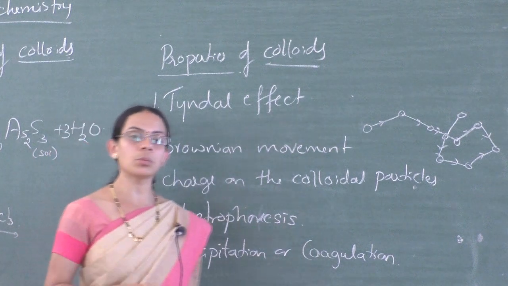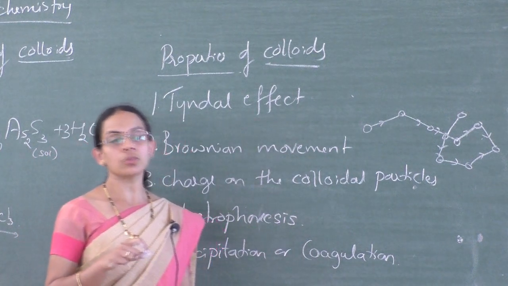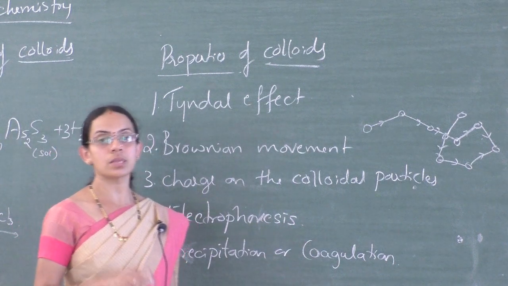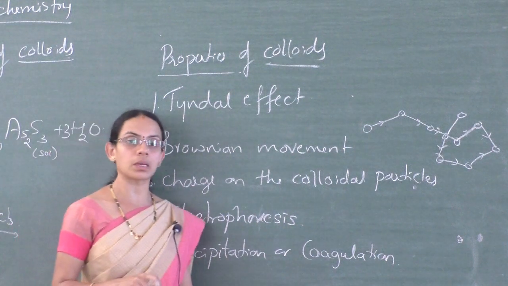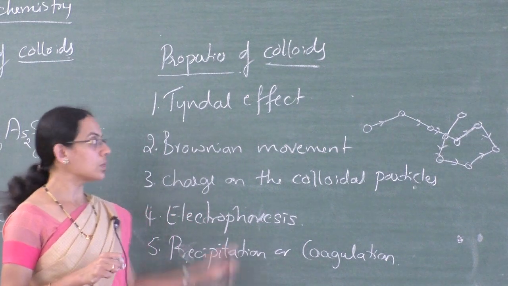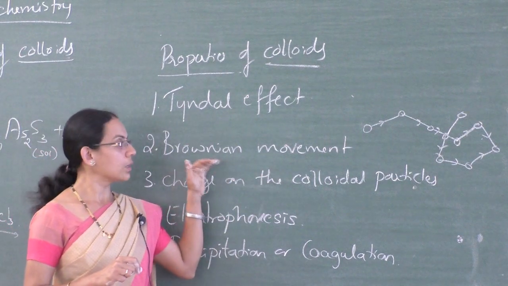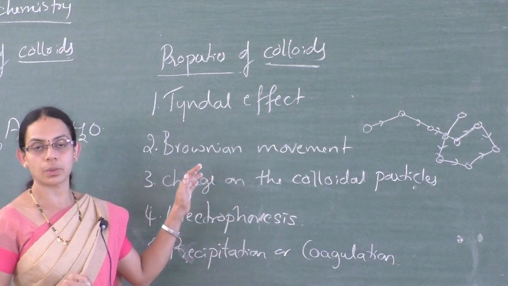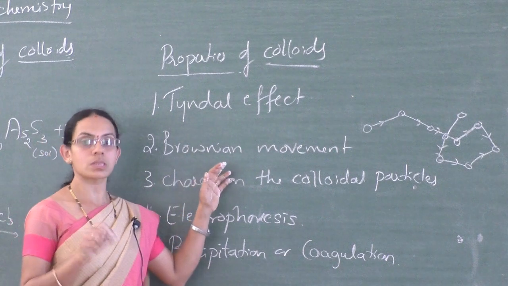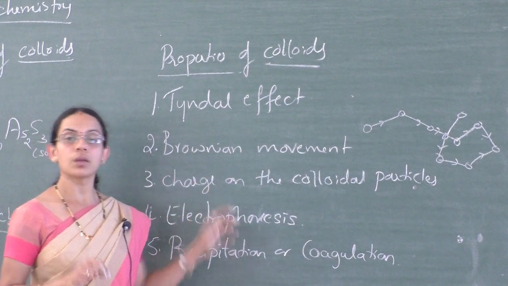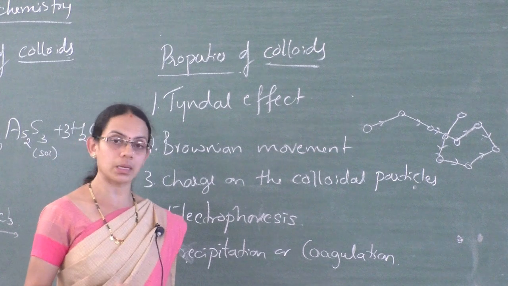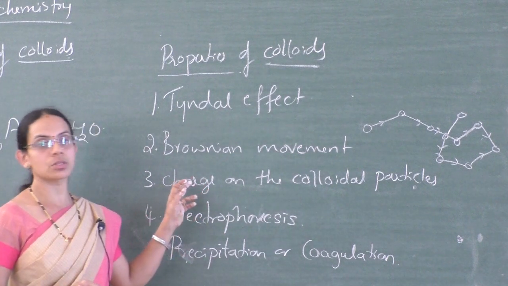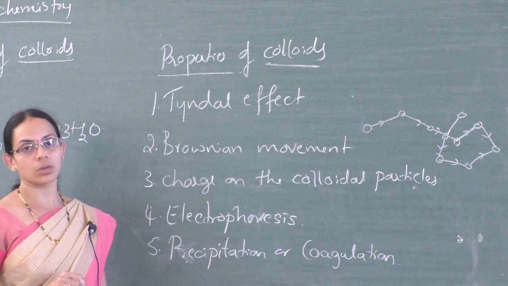And this Brownian movement is independent of the nature of the colloidal particles, but it depends on the size of the particle and the viscosity of the dispersion medium. Smaller the size of the colloidal particles and lesser the viscosity, faster is the Brownian movement.